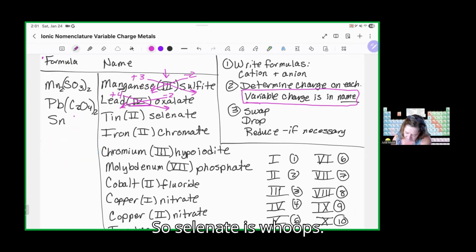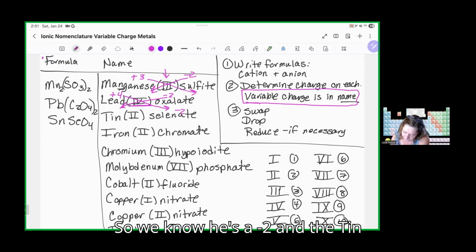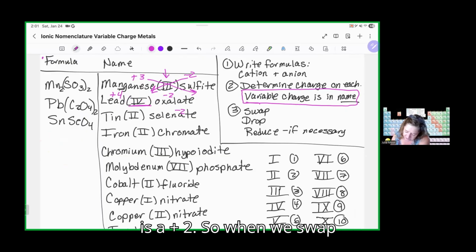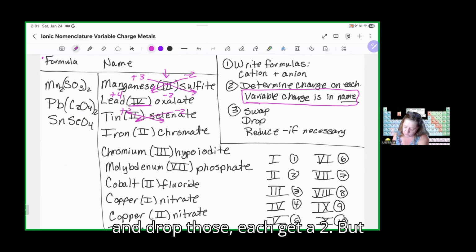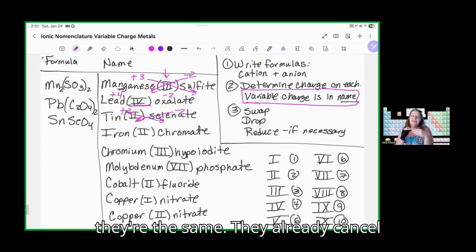So selenate is 4 oxygens and a -2. So we know it's a -2, and the tin here, Sn2, is a +2. So when we swap and drop, those each get a 2, but they're the same. They already cancel each other out.